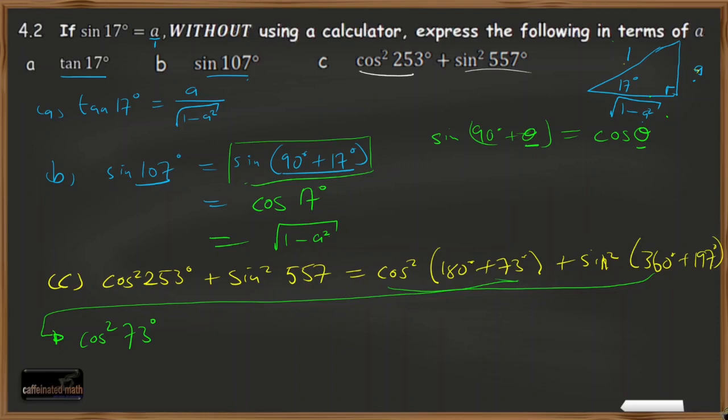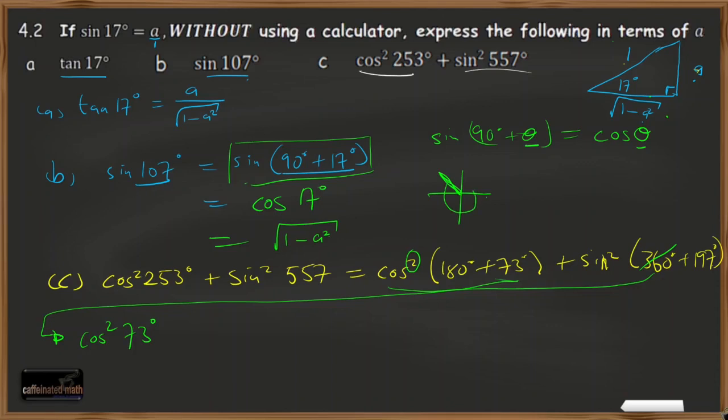Now some of you might complain, but sir, you didn't check the CAST diagram. Well, it's being squared, it doesn't matter if it's positive or negative. That's the beauty of that, because if you square positives you get a positive, and if you square negatives you still get a positive. Well, over here what we'll end up with is a rotation, so it doesn't matter where your radius is.